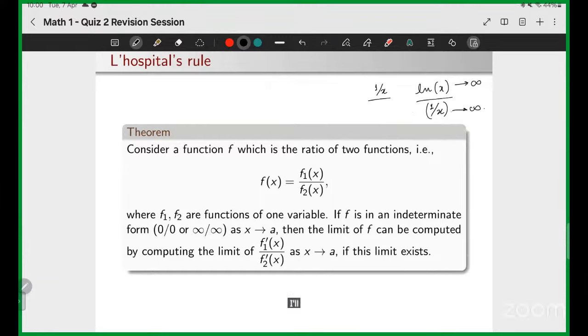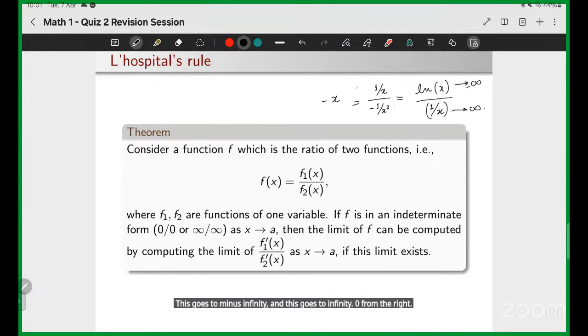I'll write this as 1 by x and minus 1 by x square. This is equal to minus x, and that has a limit as x goes to, okay, here we are talking about x goes to 0 from the right.